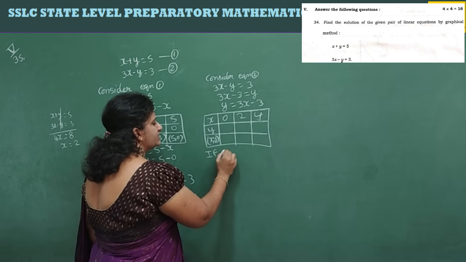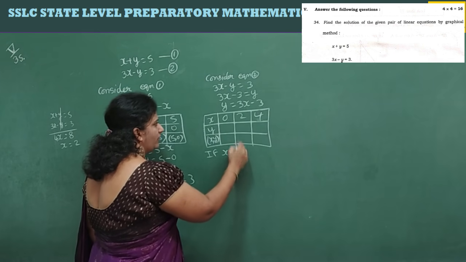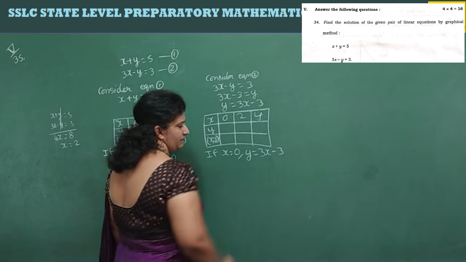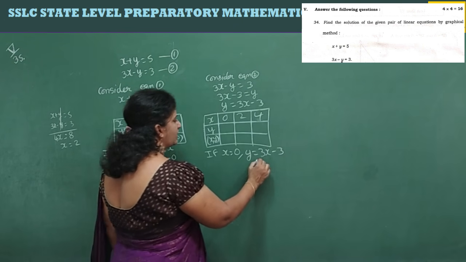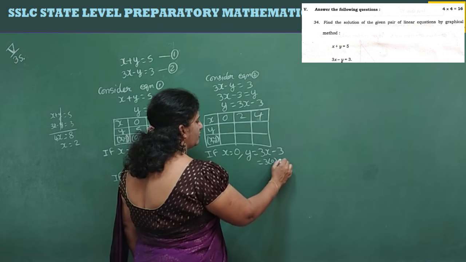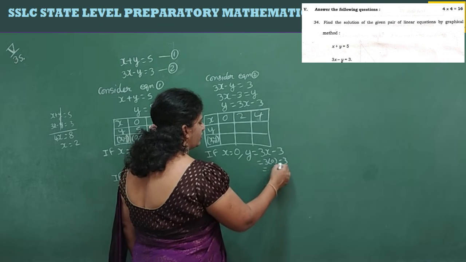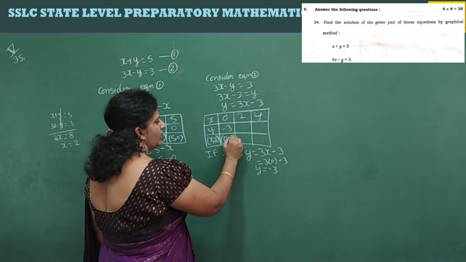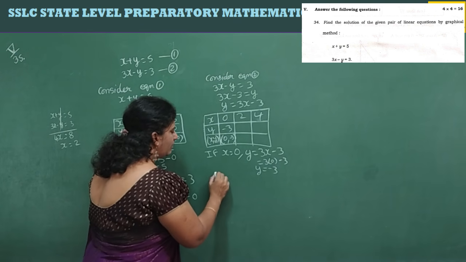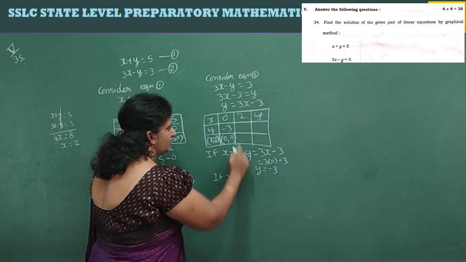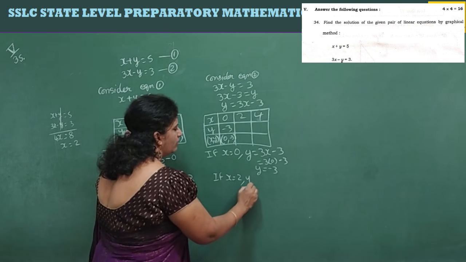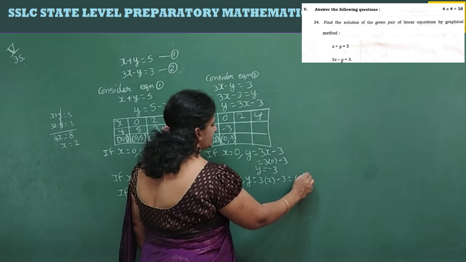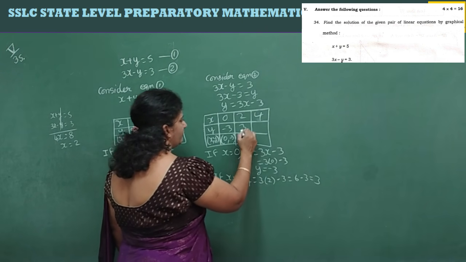Next, if x is equal to 0, y is equal to 3x minus 3. Now substitute x value 0: 3 into 0 minus 3, that is 0 minus 3, it will be minus 3. Coordinate 0, minus 3. And if x is equal to 2, y is equal to 3 into 2 minus 3, that is 6 minus 3, it will be 3.